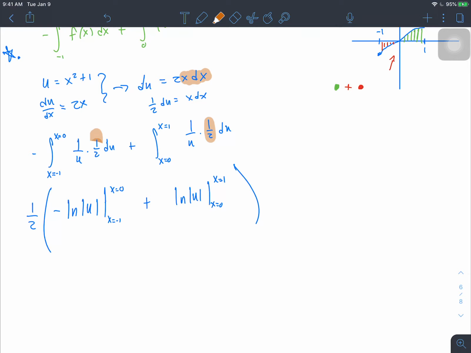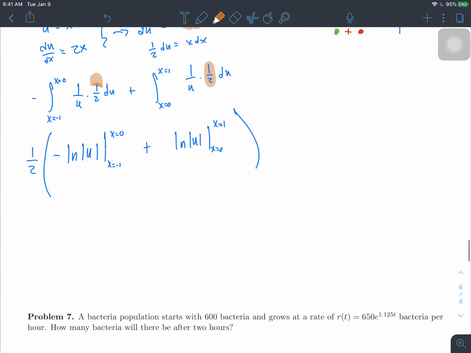Okay, so nearly there. Since I'm using method 2, and I have x values, but a function of u, I need to make sure to switch my function u back to a function of x before I plug in.